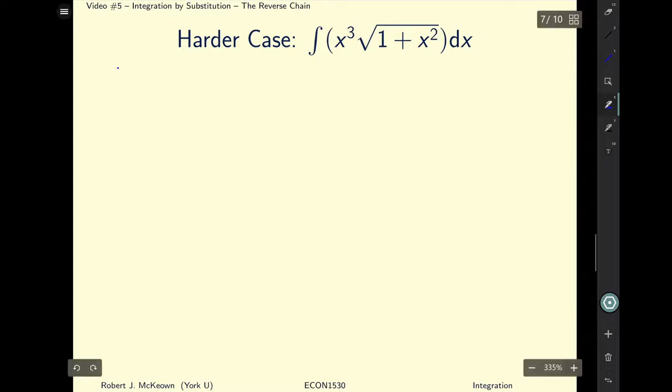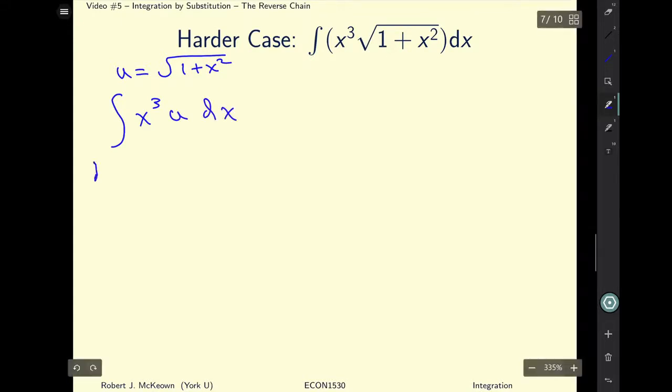So why don't I let u be equal to the square root of 1 plus x squared. Now I'll write the integral x cubed u dx.